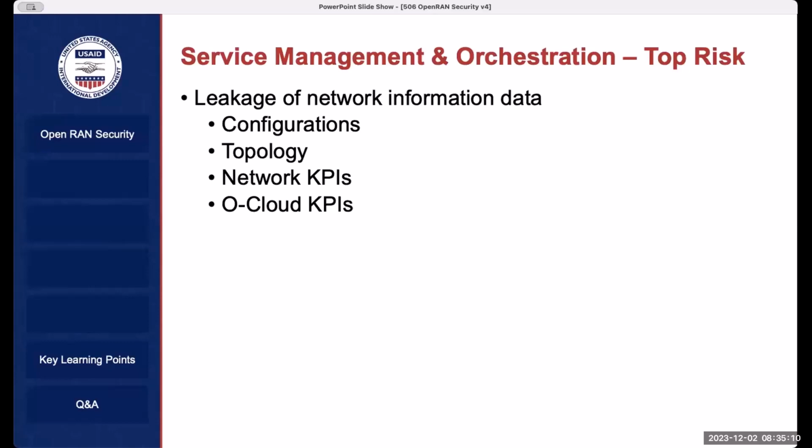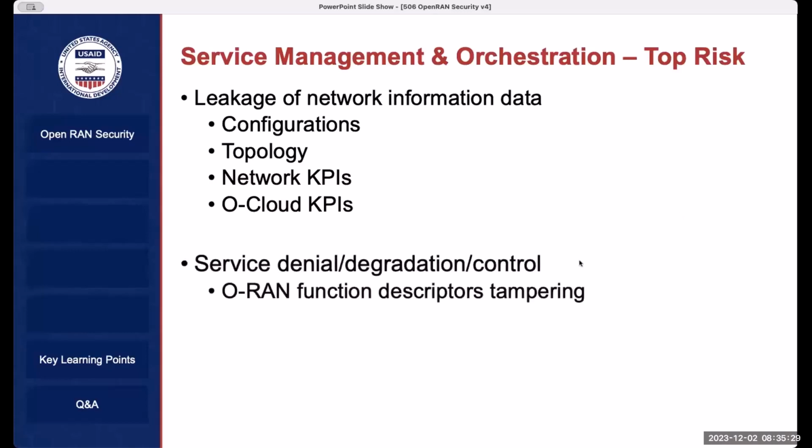If the CIO or CTO, who had access to a lot more components, has gone rogue, and it has happened in the past, how do we protect our critical infrastructure with that type of exposure? Even simple tampering of function descriptors could cause degradation or service denial.